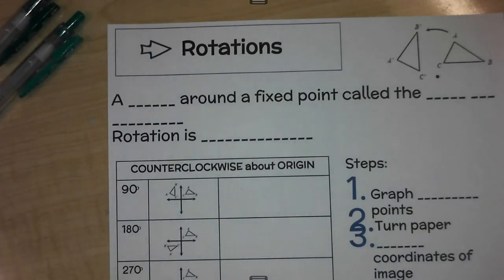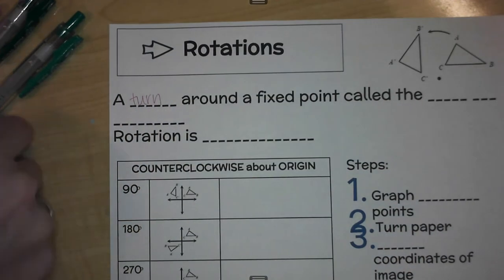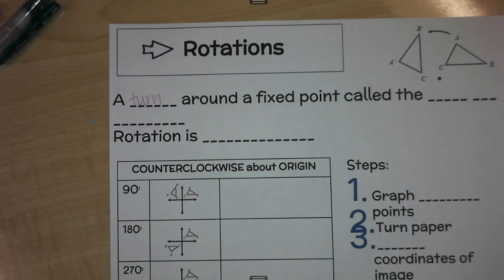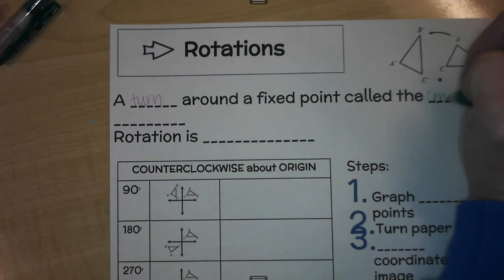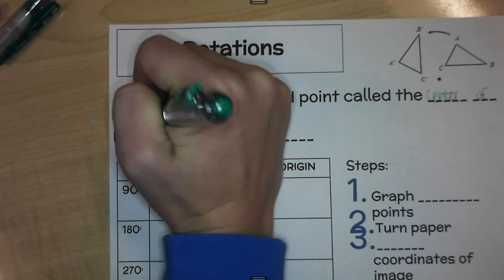Rotations. Rotations are transformations that turn our figure around a fixed point that we call the center of rotation.